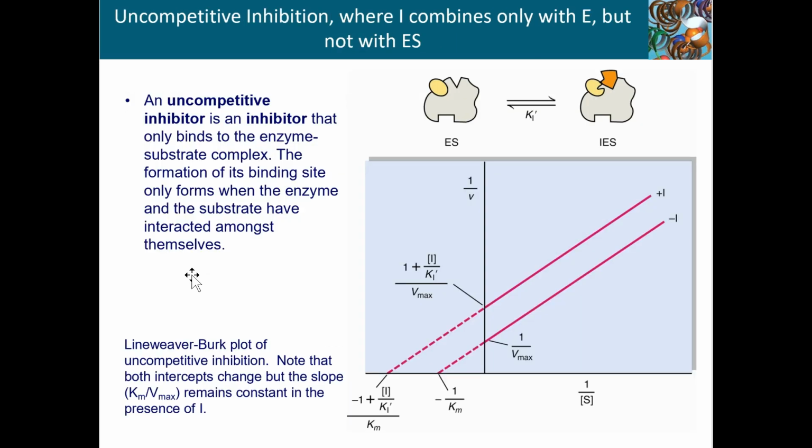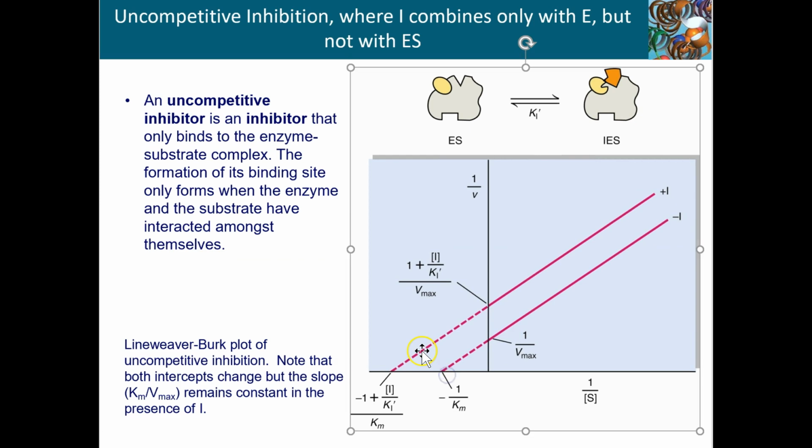And then lastly, we have the uncompetitive inhibitor, which only binds the enzyme substrate complex. And here you can see that we are getting changes.